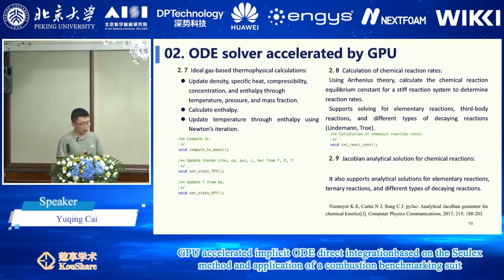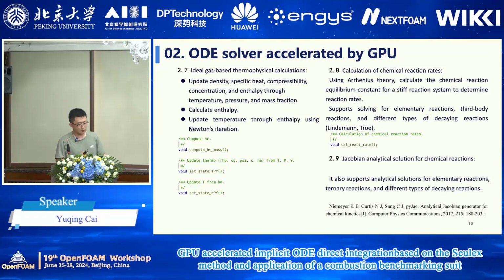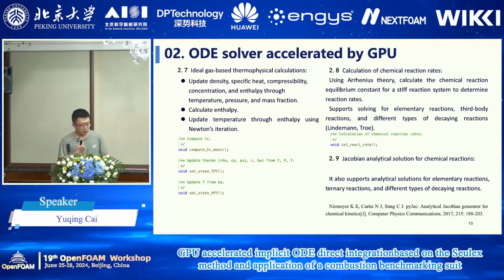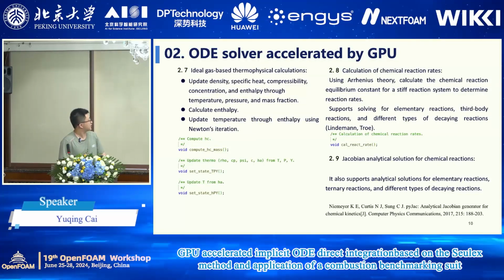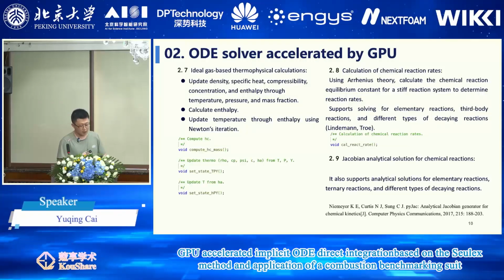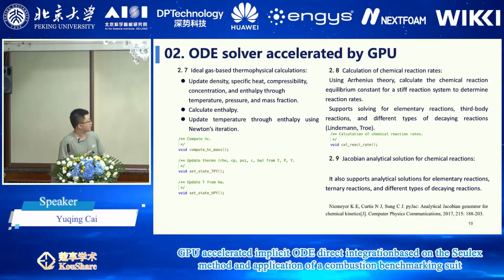When we calculate the chemical ODE, we often use some constraint conditions, such as constant pressure or constant volume. So we add a thermophysical calculation, also based on the ideal gas, to update the density, specific heat, compressibility, concentrations, and enthalpies through the temperature, pressure, and mass fraction.